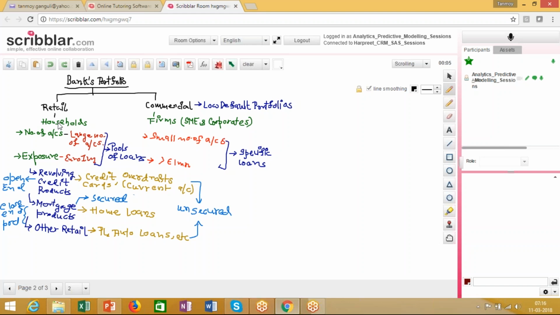They are defined in terms of the assets that they hold. SMEs and corporates are classified on the basis of the amount of assets that each of them respectively holds. So at a very broad level, these are the two different kinds of portfolios.